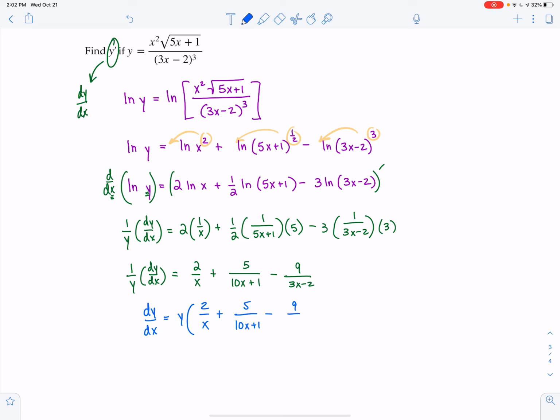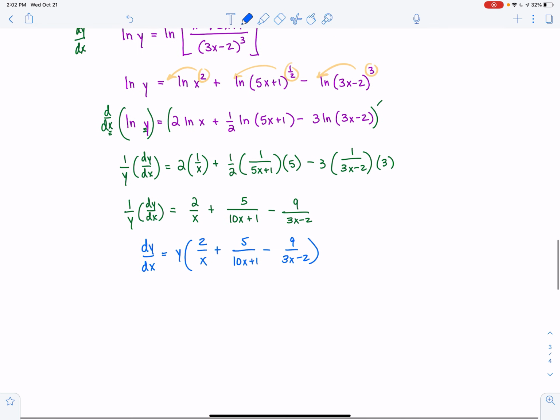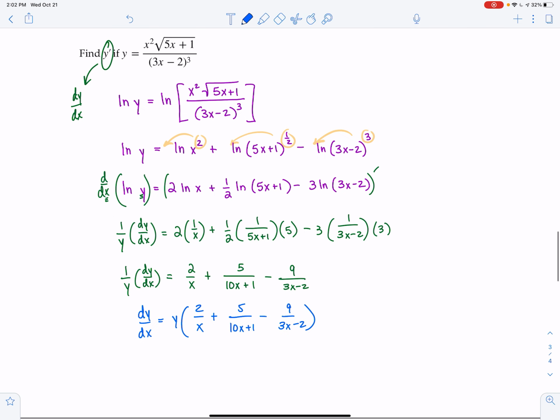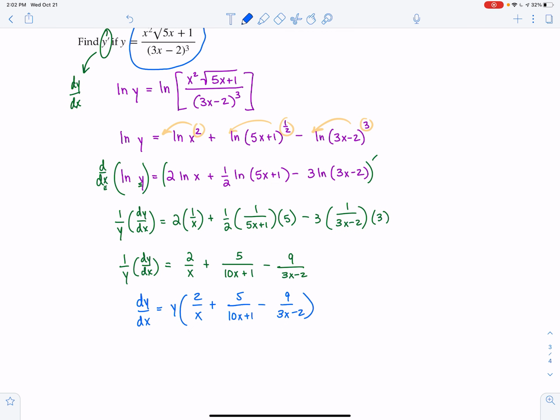Now, if this was a multiple choice question on the AP test, it would be a little more complicated because this would not be a choice. What they would do is they would go way back up to the original problem and they would substitute in the original expression for y. So again, not great here, but we can do it.